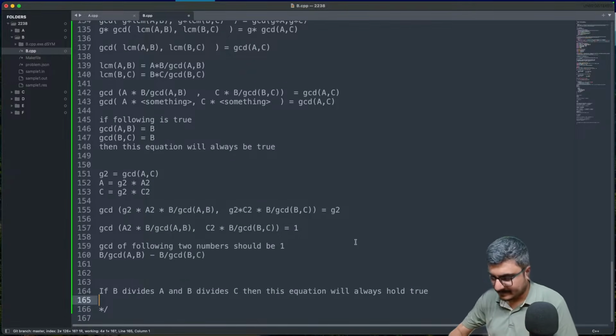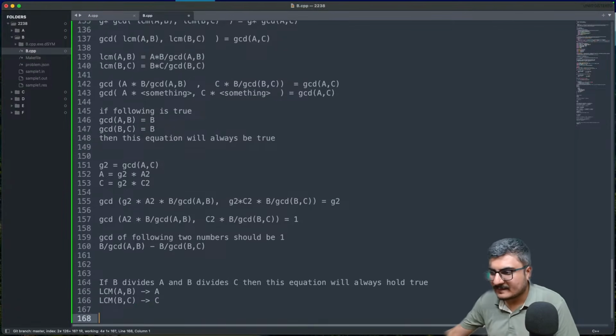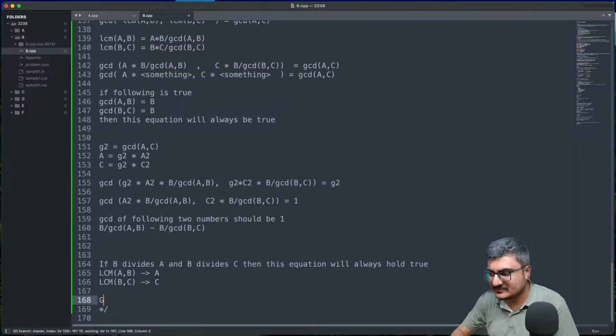In this case, LCM of A comma B will be A. LCM of B comma C will be C. So your original equation will become GCD of LCM of A comma B, which would again be A, LCM of B comma C would again be C, and which will definitely be equal to GCD of A comma C. This part is fine.